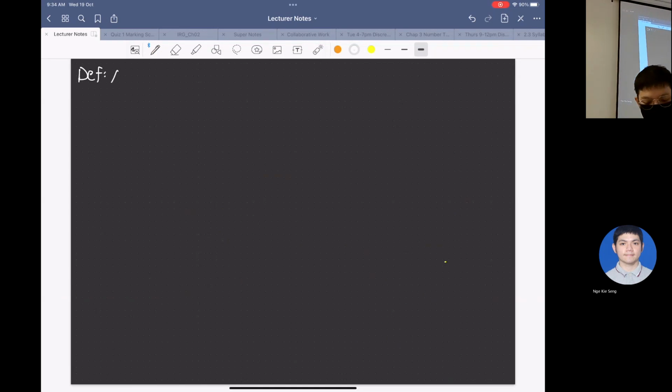So next, remember I mentioned that the range will not necessarily reach all of the codomain. If the range is equal to the codomain, then this function will be called onto. It's onto the codomain.